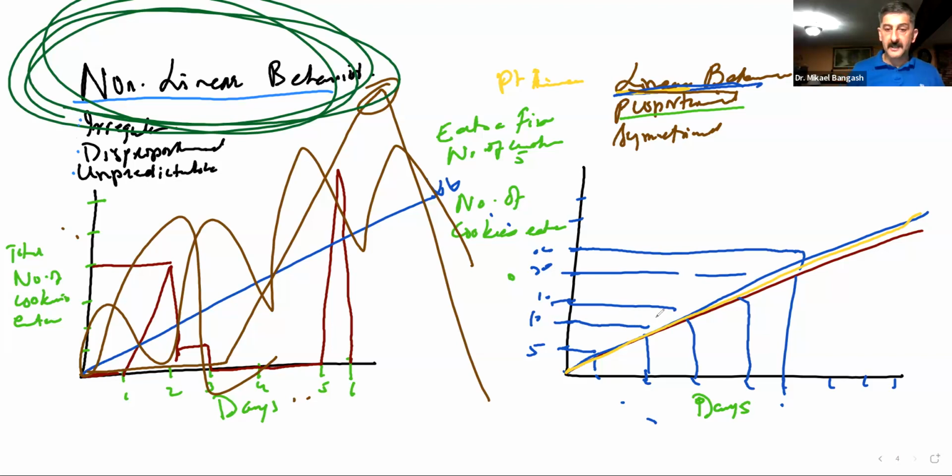Whereas over here, since it was a linear behavior, we would know that every day when this person comes, we should have 5 cookies already. We can even prepare those cookies ahead of time, the cookies that he or she will be eating in a month, because he or she eats 5 cookies a day. So in a month we will prepare 150 cookies. Or you can prepare them on a daily basis, 5 fresh cookies every day.